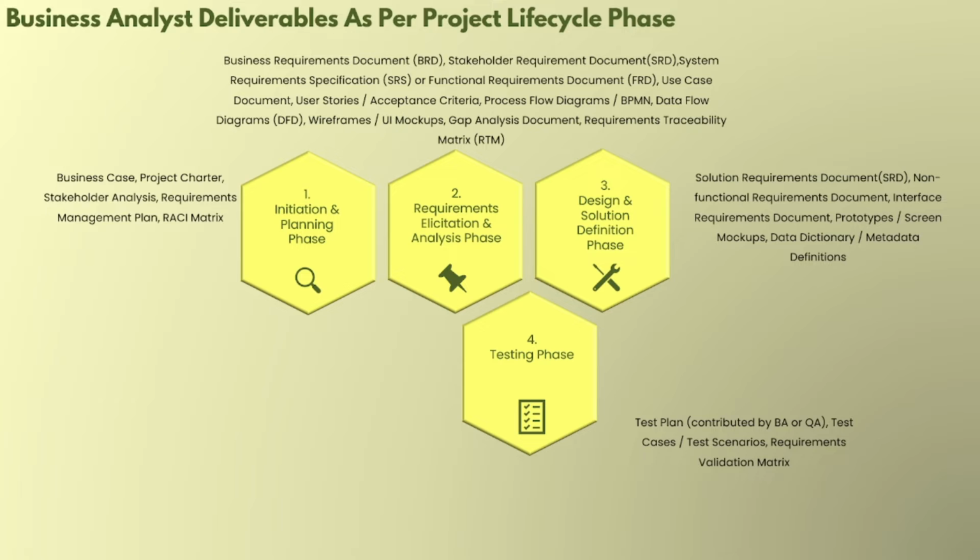Here the main document is the test plan. It outlines testing scope, strategy, schedule, and responsibilities. Although it is primarily QA-led, generally for QA, a BA contributes by ensuring alignment with the requirements, because as a BA we are the first person interacting with the stakeholder, and we know exactly what the stakeholder wants.